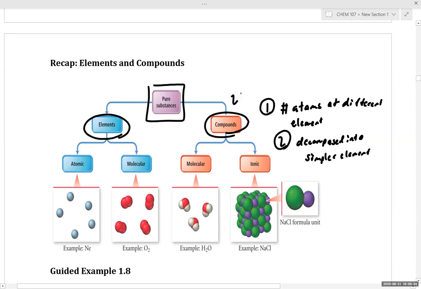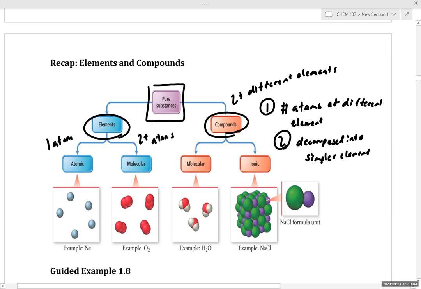Compounds contain two or more different elements, and compounds can be decomposed. Elements cannot. Elements are then split into atomic or molecular elements. For molecular elements, we have two or more atoms. For atomic elements, we just have one atom as part of its formula.